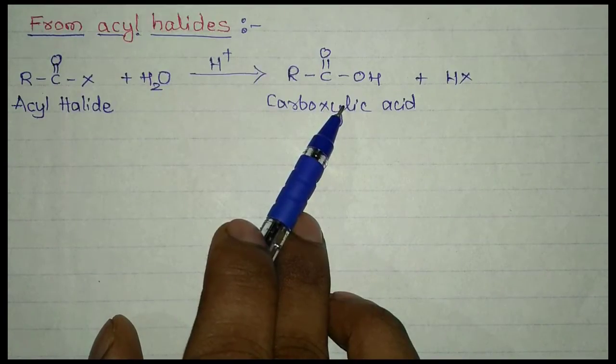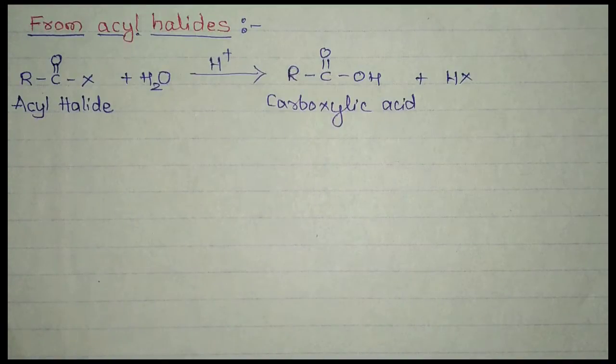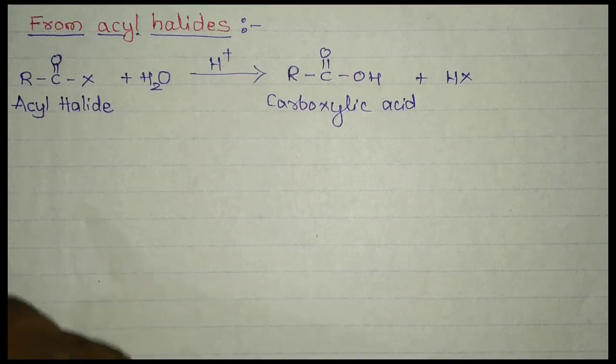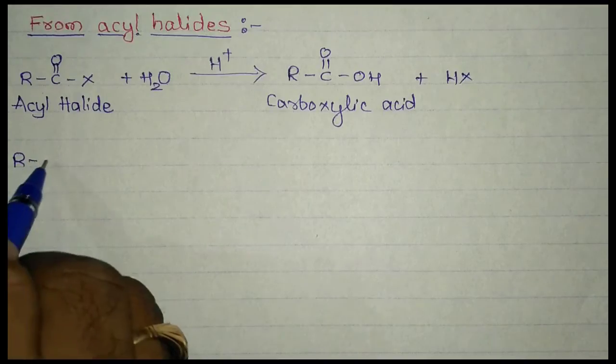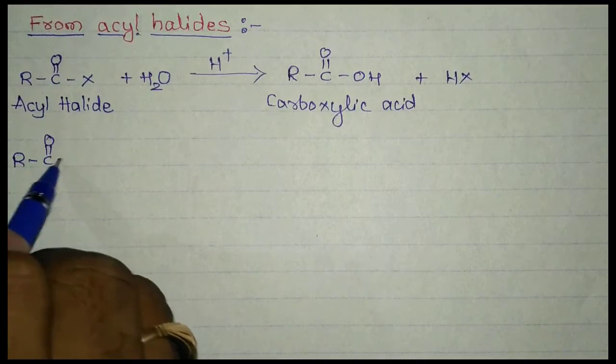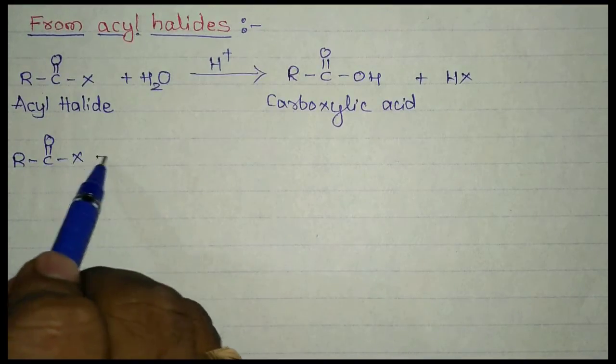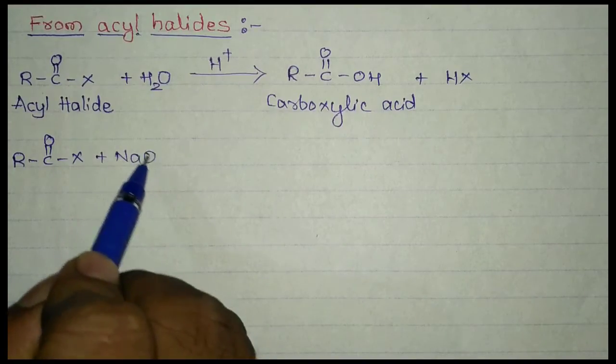If the same hydrolysis is carried out in the presence of base, it gives the salt of the carboxylic acid, which on acidification gives carboxylic acid. RCOX, the acyl halide, is hydrolyzed in the presence of base.